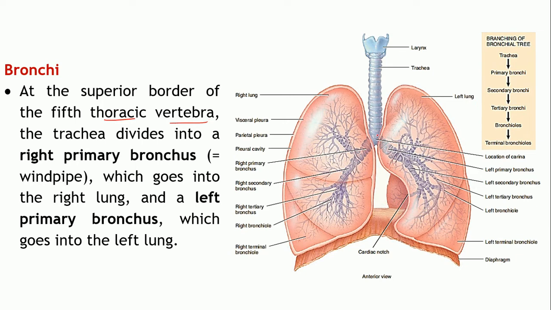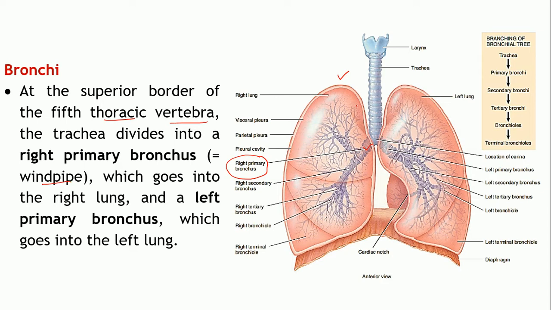Just at the superior border of the fifth thoracic vertebra, the trachea divides into two branches. The one which enters the right lung is known as the right pulmonary bronchus. The meaning of the word bronchus is windpipe.